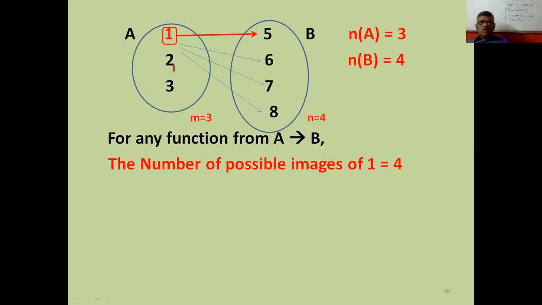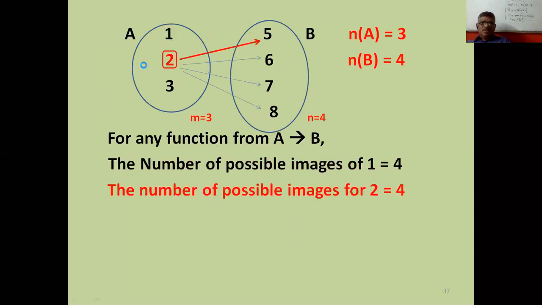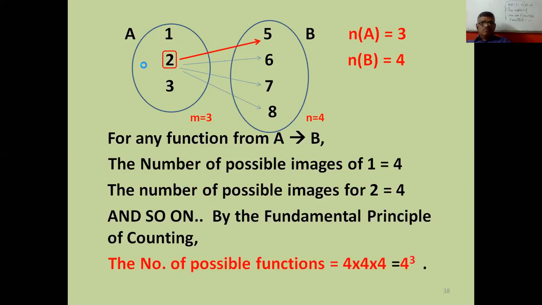What about element 2? Number of possible images for 2 also is 4, and for 3 also is 4. So this is 4 into 4 into 4, that is 4 raised to 3.